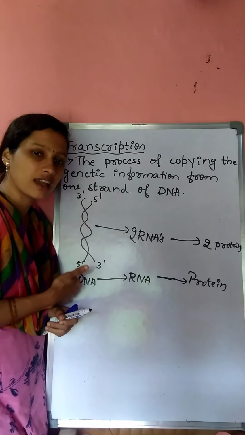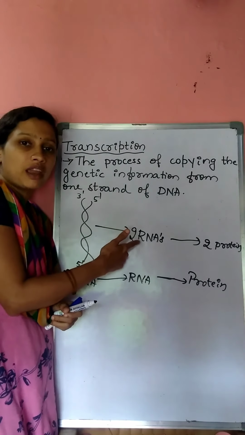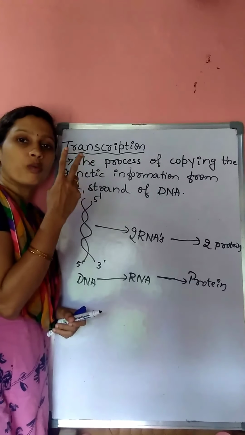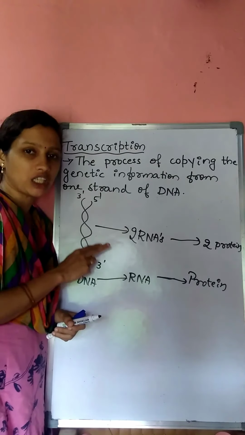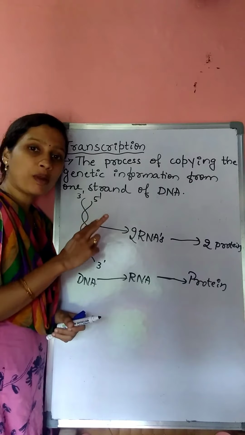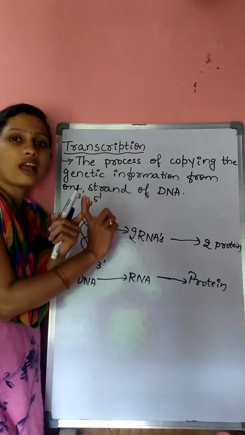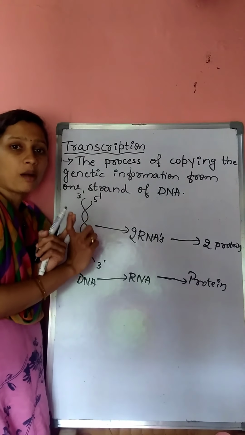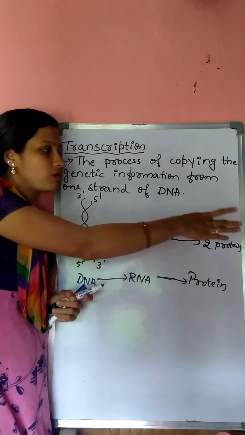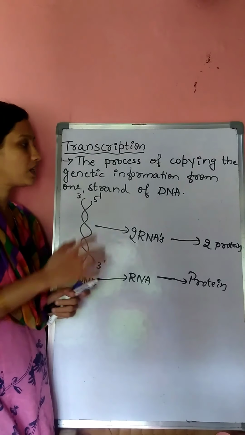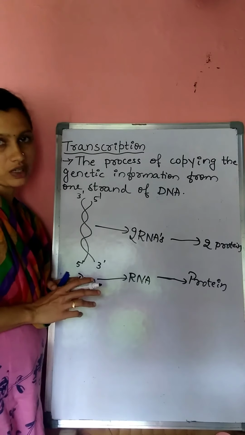Another reason is, if two strands of DNA are involved, that may synthesize two complementary polynucleotide strands of RNA, which will coil around each other. That forms an RNA double helix, which affects protein synthesis. Hence, only one strand of DNA is involved during the transcription process.